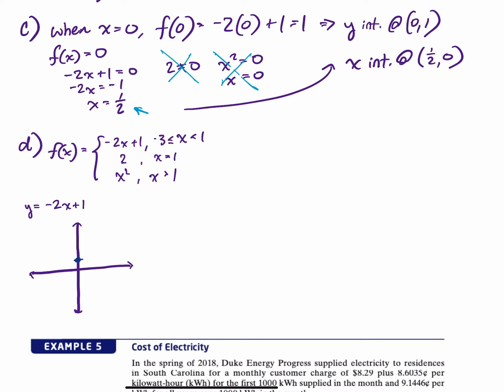So I know it'll have a point up here. And it has a slope of negative 2. So I can imagine going down 2 over 1, following another point. So I could go to the left 1 and up 2. And continue on that way. So something like this.